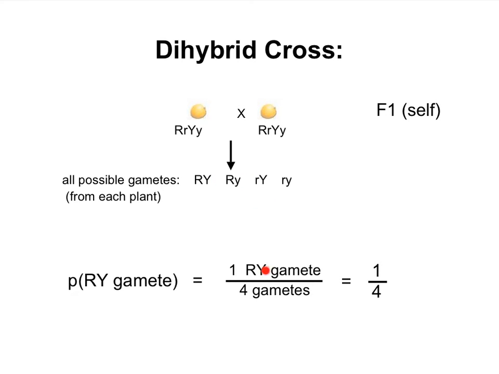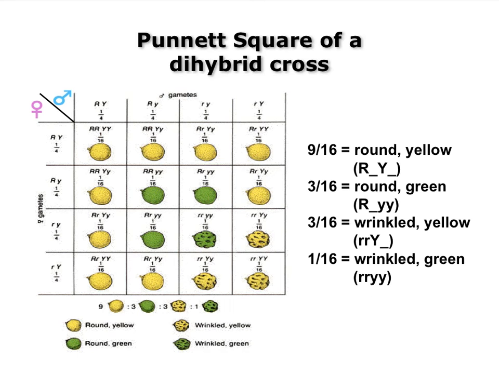And when we do our math, what are the chances of getting a big R, big Y gamete? That's 1 out of 4. So 1 gamete out of 4 is going to be big R, big Y. Here you see the 1/4 is all the way across, 1 out of 4 here, 1 out of 4 here. There's 2 heterozygotes being crossed together, 2 F1s being crossed together. Here is your classic heterozygous chart that you're always going to see over and over again.